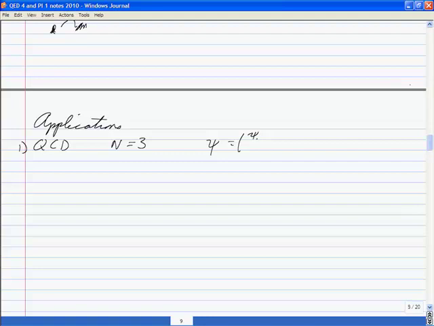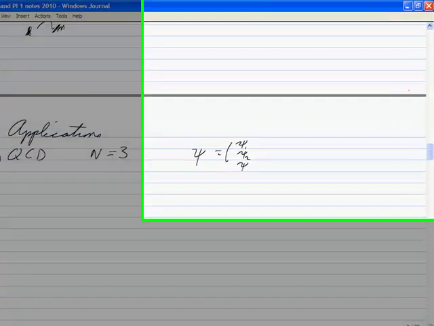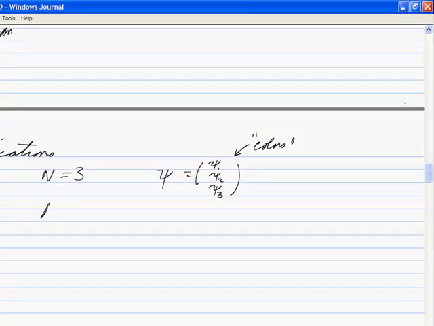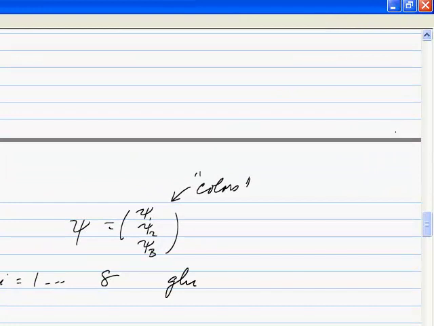Psi is psi 1, psi 2, psi 3, red, white, and blue, or whatever your favorite national colors are. Red, white, and blue is not a good choice. But for n equals 3, those are the different colors. And i runs from 1 up to 8, the 8 gluons. And so that's all I'm going to say about QCD.